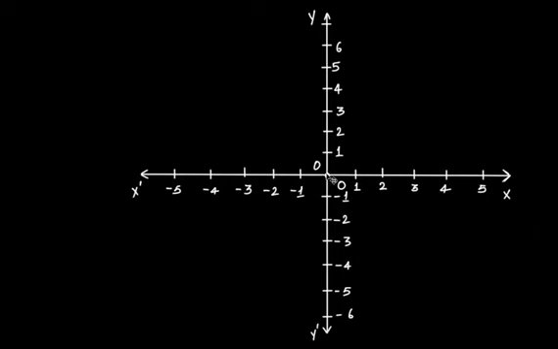And what's the origin? By origin we mean this point, denoted by either O or 0. The intersection point is the origin of this horizontal XOX dash, and this vertical number line, YOY dash. So this is about number lines that we know.